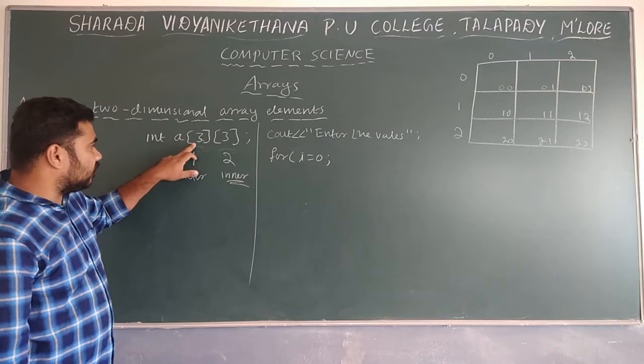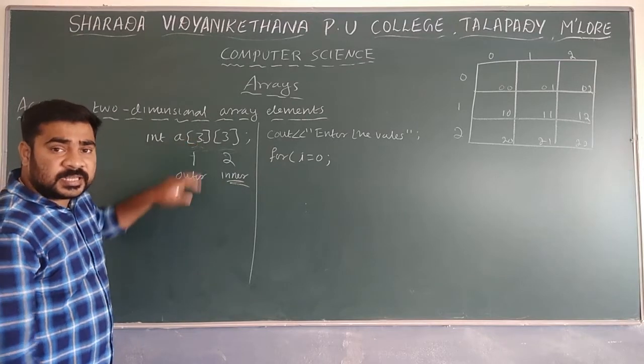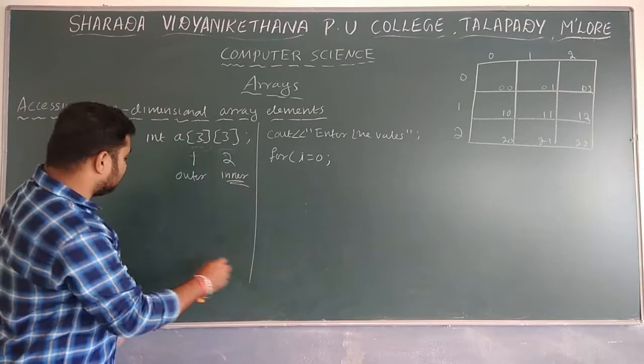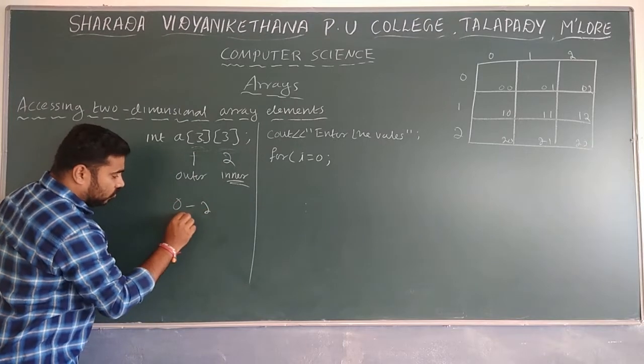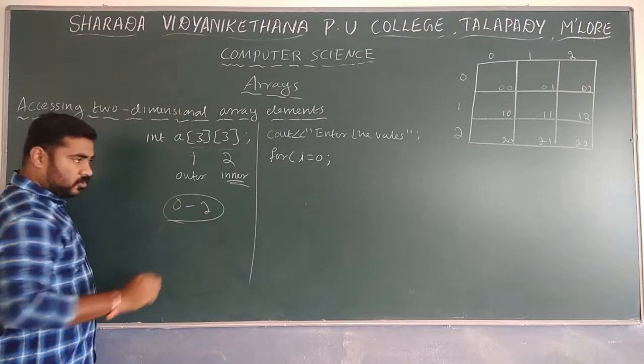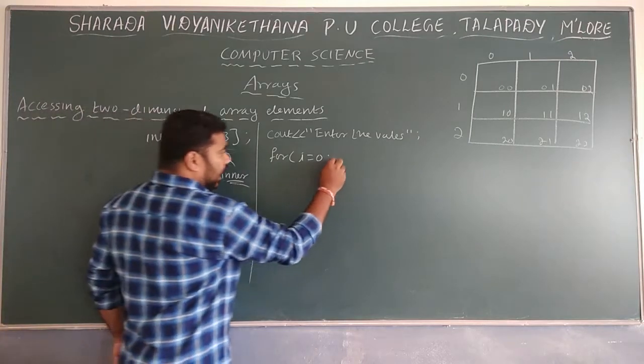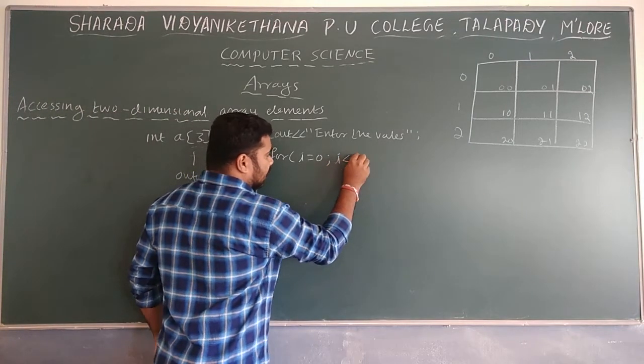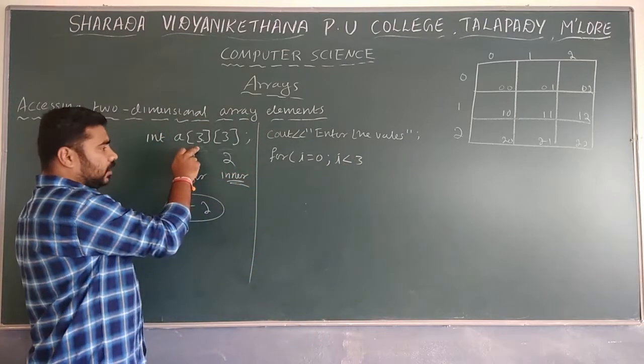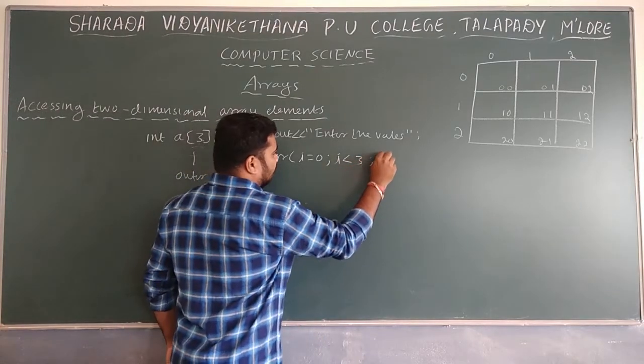The outer for loop starts with 0, total size is 3, which means 0 to 2: 0, 1, 2. So 0 to 2 is the limit. So i equal to 0, i less than 3, then i plus plus.